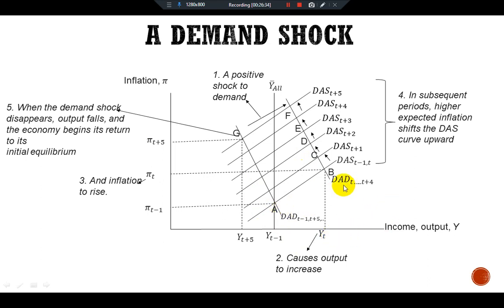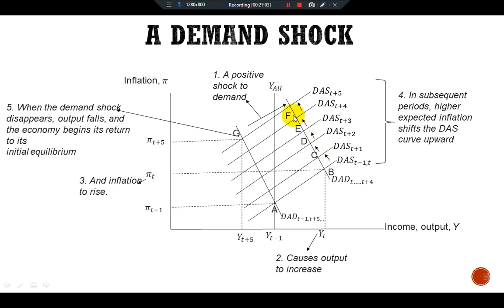The economy moves from equilibrium point A to point B. Both inflation and output rise from this point to this point and from this point to this point. Okay, the economy moves from point B to point C, and then in subsequent periods to point D, E, F, and we reach point F.